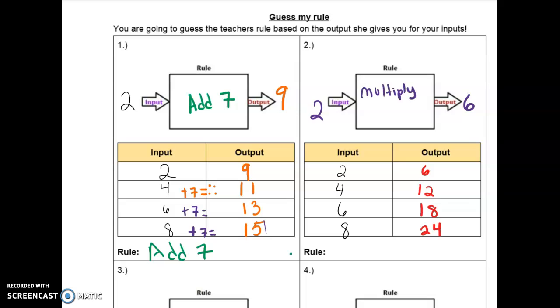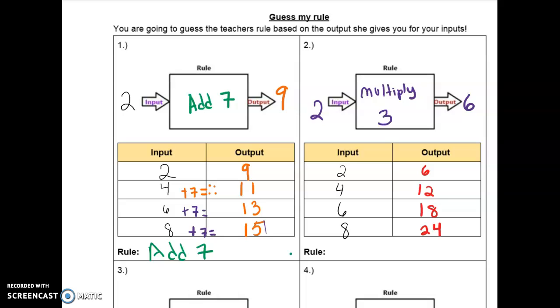Based on my information of how I can't add or subtract, it's either going to be multiply or divide. Well, I know that it has to be multiply and not divide, because 2 divided by something could only be 2 and 1. So I know I have to multiply 2 by some number to get 6. Well, I have to multiply by 3.